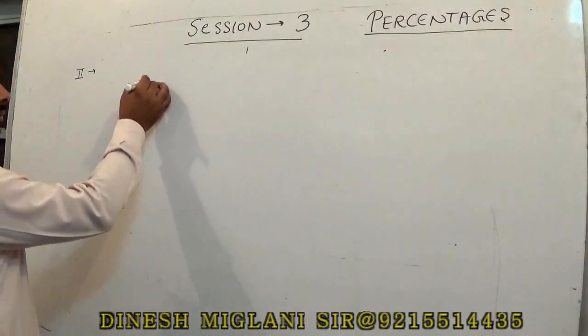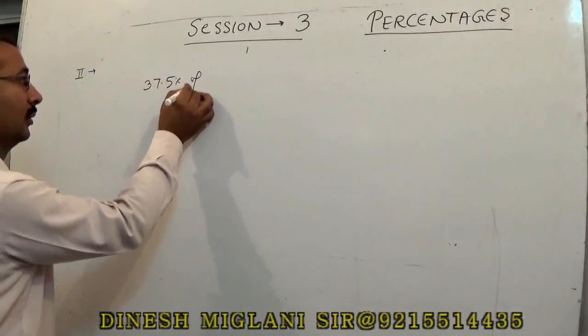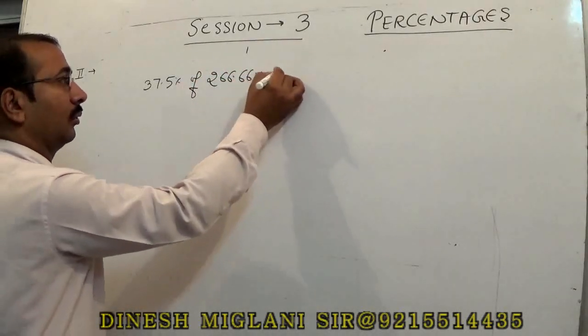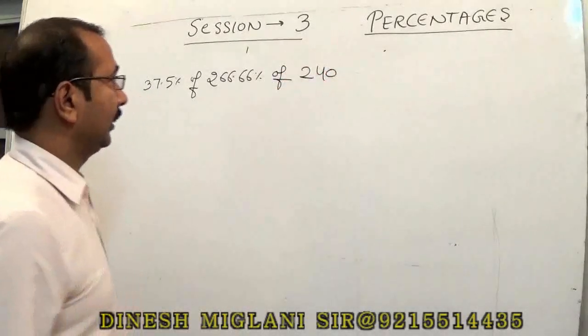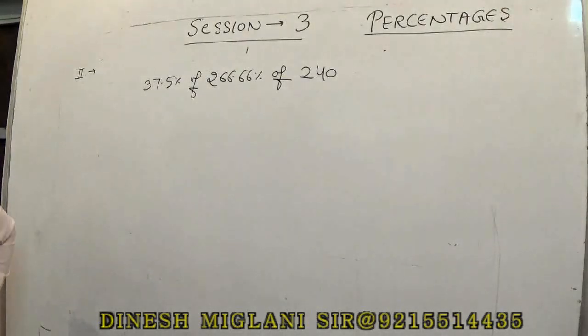You have to find 37.5% of 266.66% of 240.